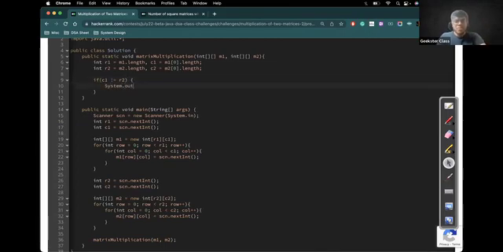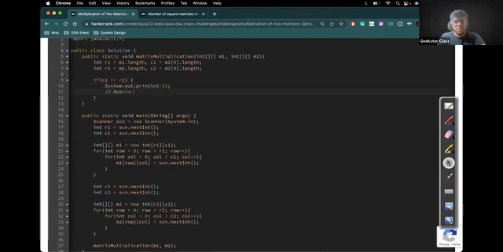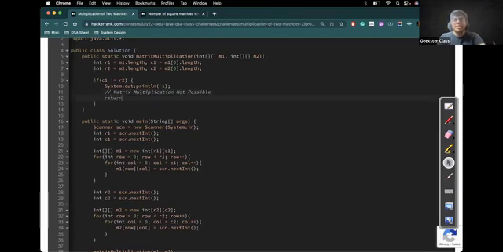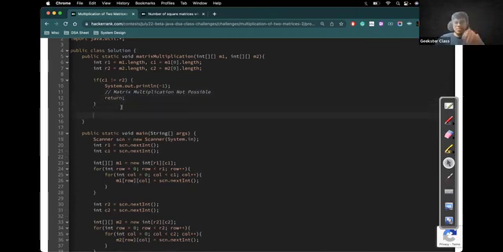So System.out.println: matrix multiplication not possible. And we can simply return. If it is not possible, you cannot multiply. Otherwise, apply the logic. Is it clear till now?